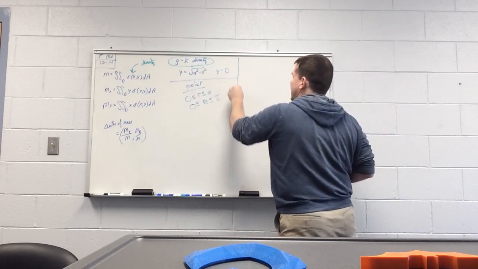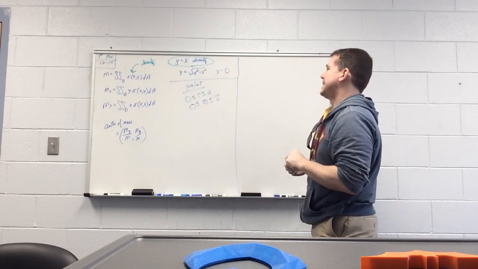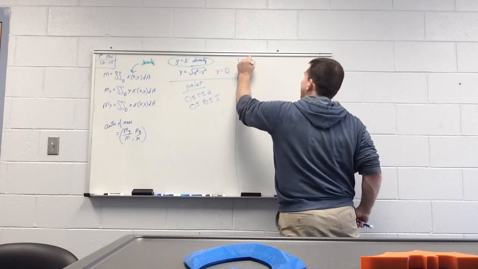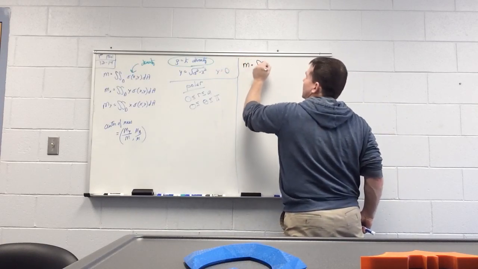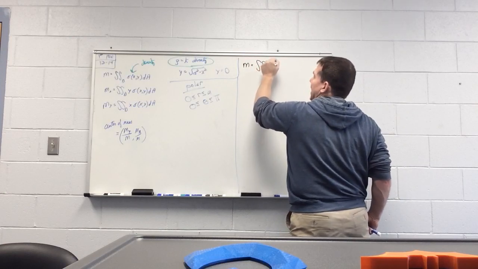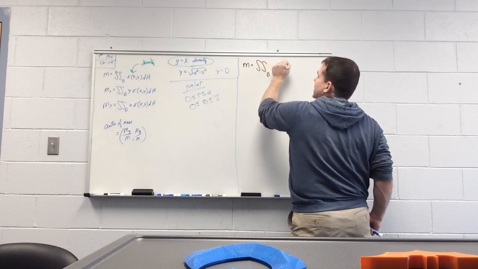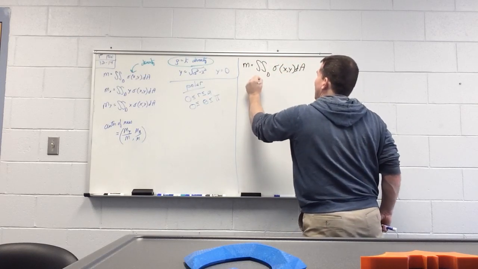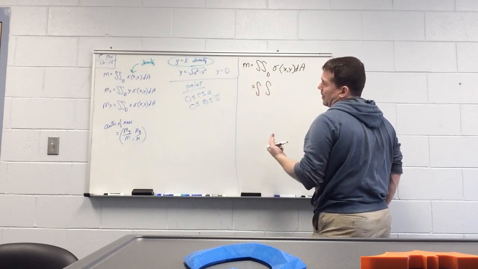So first off, let's see. I need to find m first, or at least I'm going to find m first. So m is equal to the double integral over D of sigma(x,y) dA. But now I know I'm going to convert to polar.